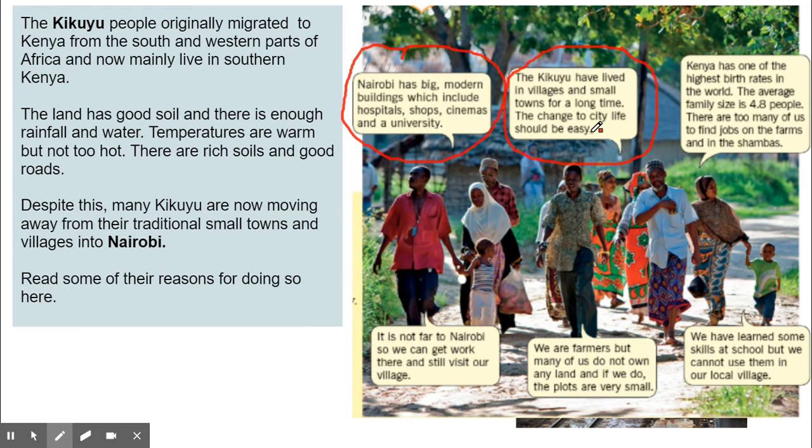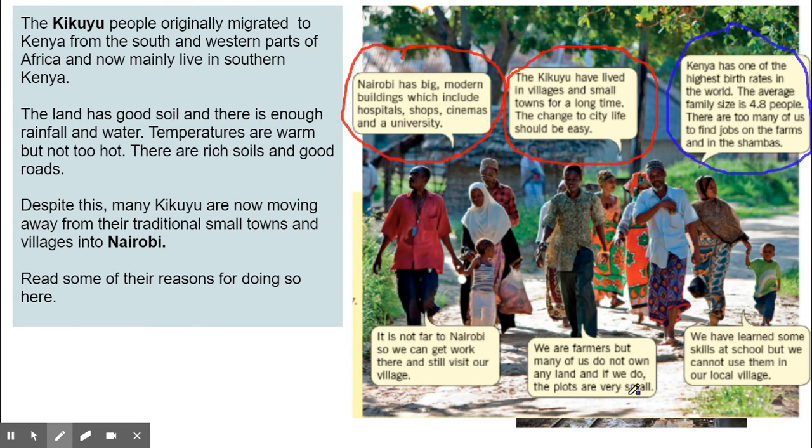So it's a pull factor. This one is saying that there are too many people to find jobs on the farms. So that would be a push factor. It's a negative thing about living in the countryside.